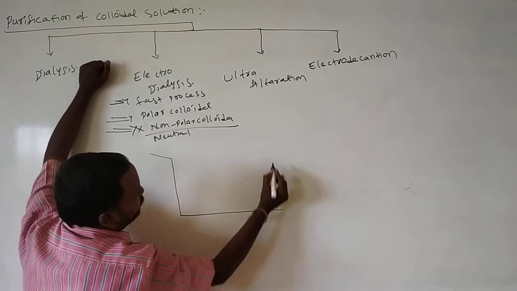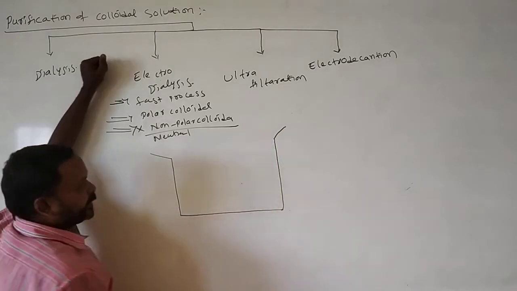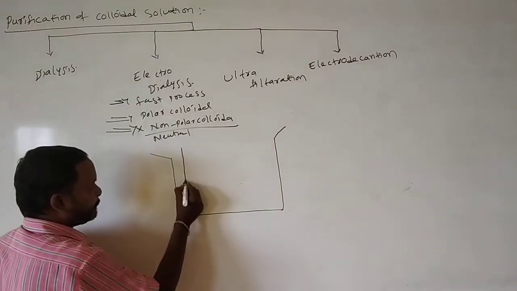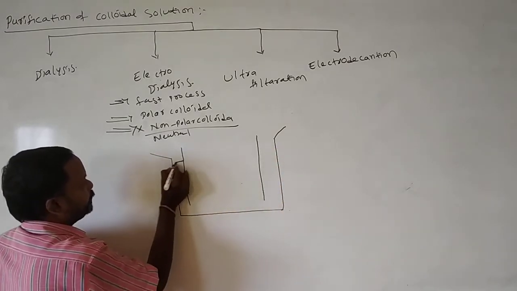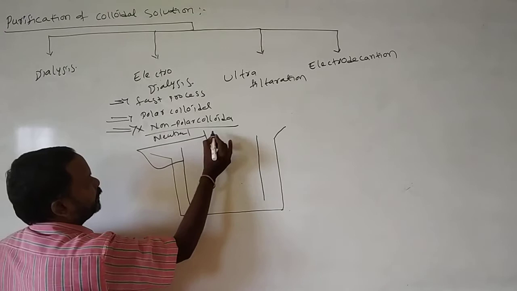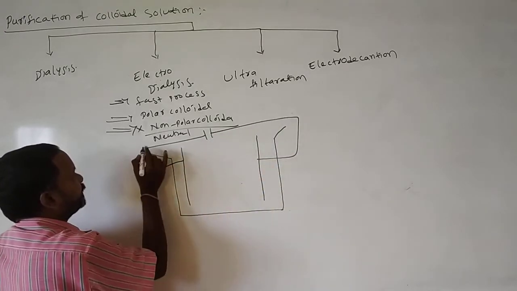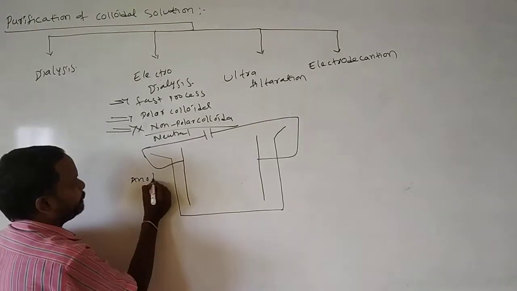We will see. You take one container. Arrange two electrodes. Here, arrange one electrode, and I arrange one more electrode. These two are connected with a galvanometer or any meter. The one arranged on the left side we call the anode.